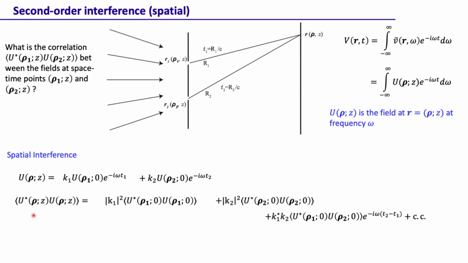So again we see in the spatial second order interference that by looking at the intensity at the detection point, we are able to obtain the correlation information at the source point. And here we have defined the source point to be the z equal to 0 plane, and the observation plane is z equal to z.